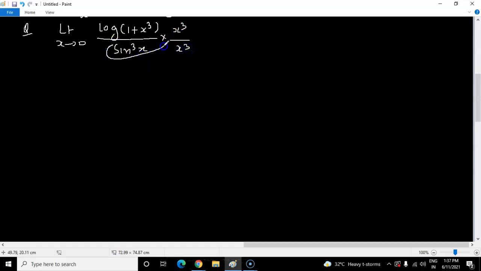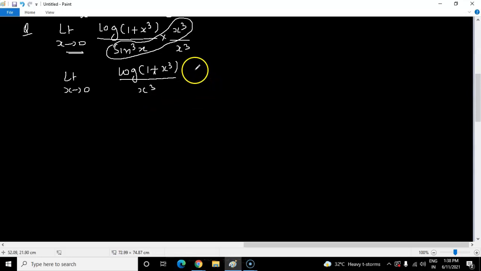This becomes how much? 1 only, right? Yes, sir. And keep in mind, only when limit of x tends to 0 is given, then only you can do it. Then only we can use this sin x by x equals 1. So this becomes log of 1 plus x cube divided by x to the power of 3. Okay? Yes, sir.